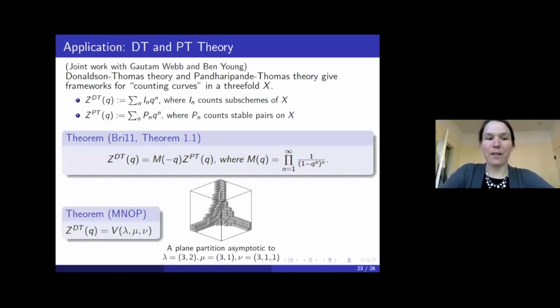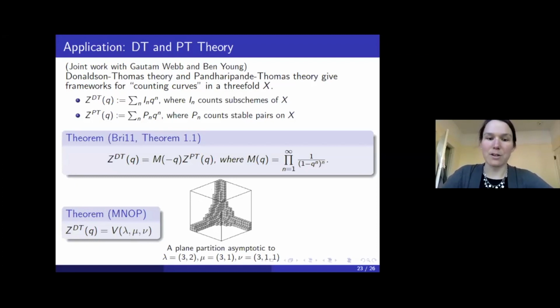On the DT side, Maulik, Nekrasov, Okounkov, and Pandharipande proved that the DT generating function is equal to the generating function for plane partitions with boundary conditions lambda, mu, and nu. What that means is that, remember earlier we talked about plane partitions being like stacking boxes in a corner of a room.